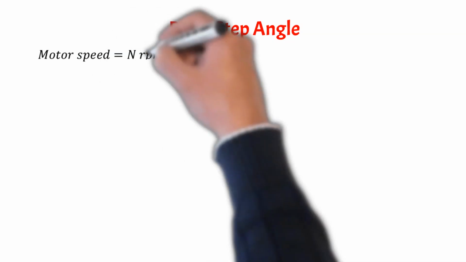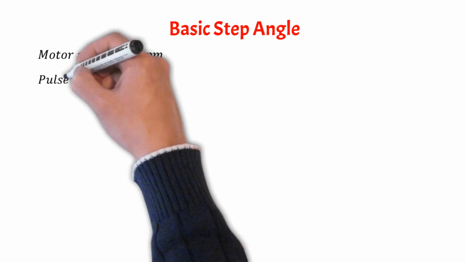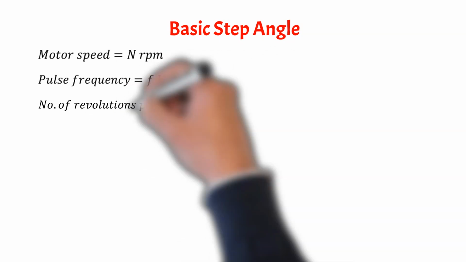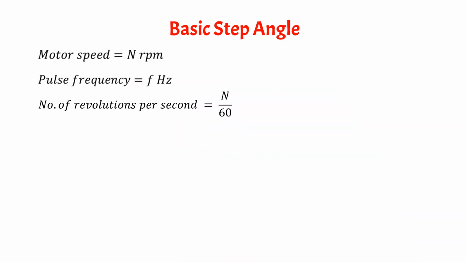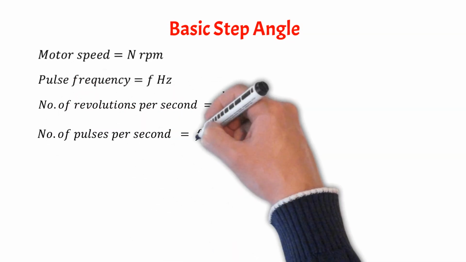Now, let's try to derive an equation for the basic step angle in terms of motor speed n expressed in RPM and pulse frequency f expressed in Hertz. Therefore, the number of revolutions per second is equal to n over 60. The number of pulses per second is f.